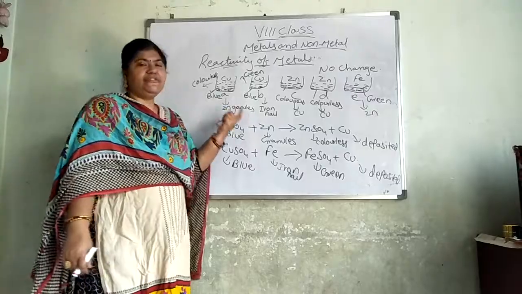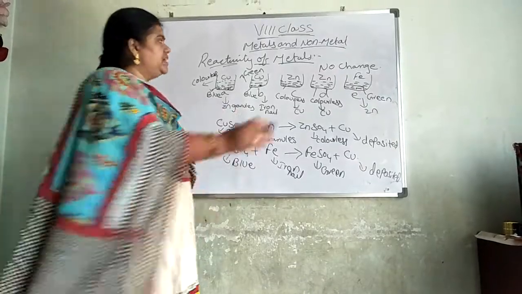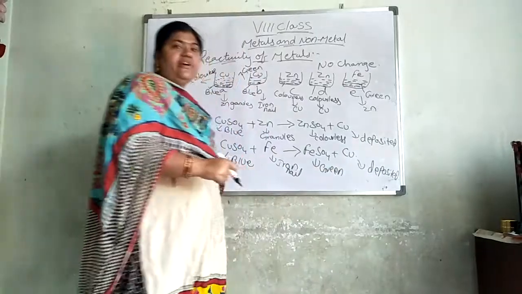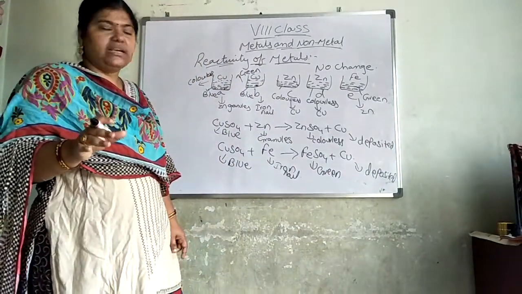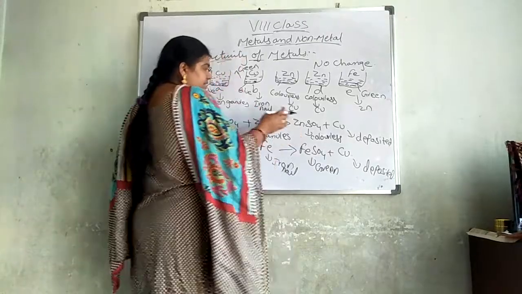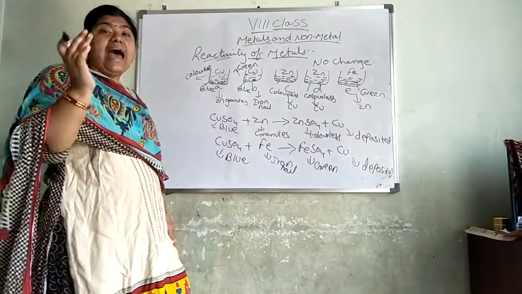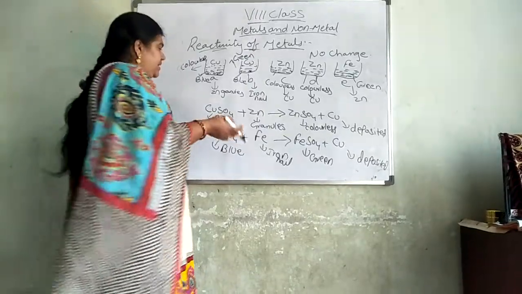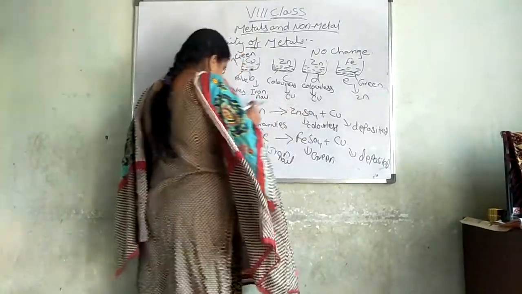When we look at the 5 beakers, in beakers C, D, E there is no reaction. Why is there no reaction? Where the metal has higher reactivity, there you can find the change. Zinc is more reactive than copper, and iron is more reactive than copper.